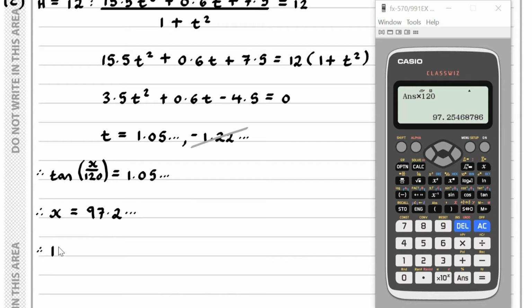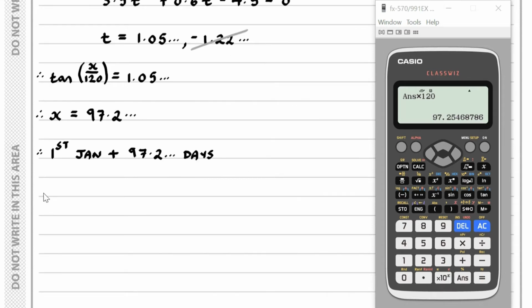So we have the 1st of January plus the 97.2, etc. days. So what we end up with is the 9th of April 2029.